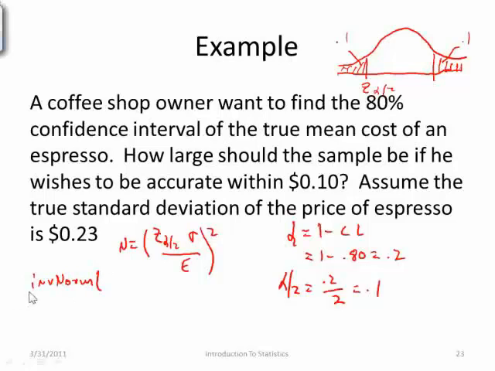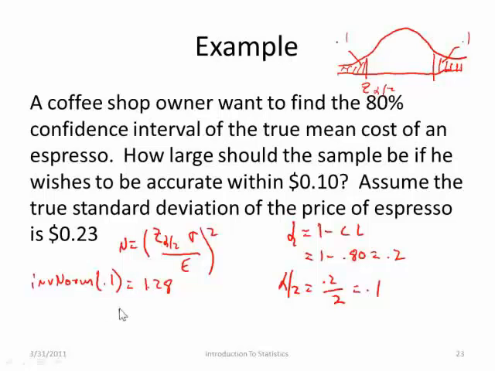If we're going to use this, what value goes in for this routine? 0.1. So this is going to equal 1.28. Actually, the calculator will return negative 1.28, but remember, we said we're not going to concern ourselves with the signs for this particular realm.